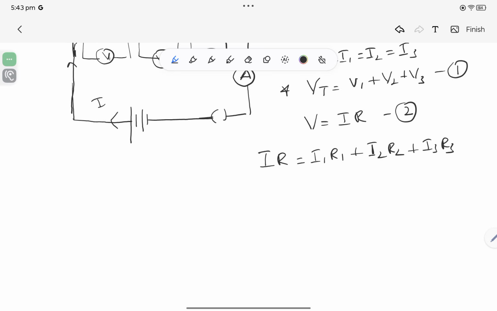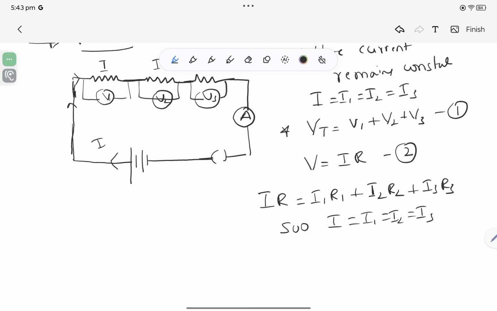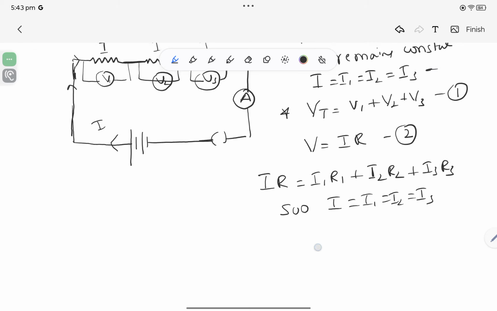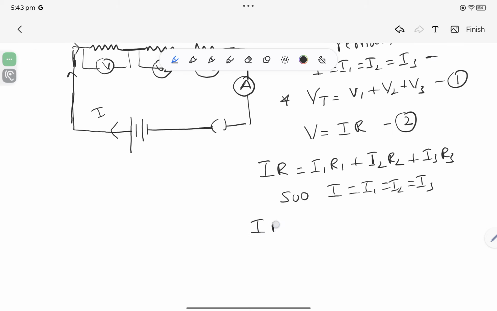So I is equal to I1 is equal to I2 is equal to I3 from here. So we can write IR, where R is total, R total is equal to R equivalent. R equivalent is equal to I into R1 plus I into R2 plus I into R3.